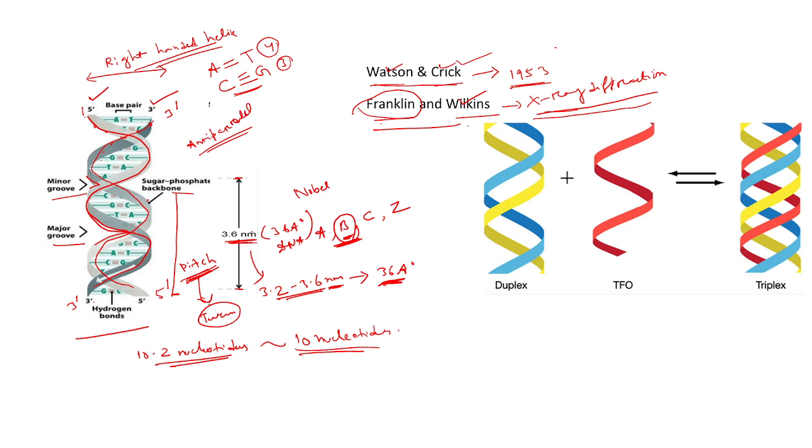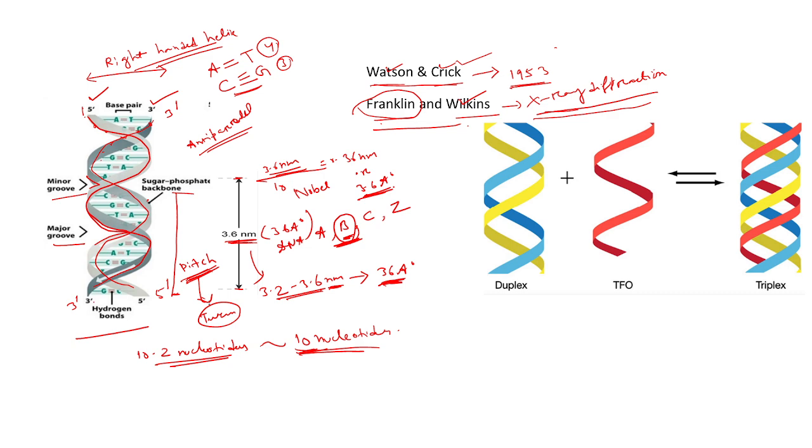This is the 3.6 nanometer pitch distance, and in one pitch 10 nucleotides are present. So the distance between each nucleotide is equal to 3.6 divided by 10, that is 0.36 nanometer, or 3.6 angstrom.